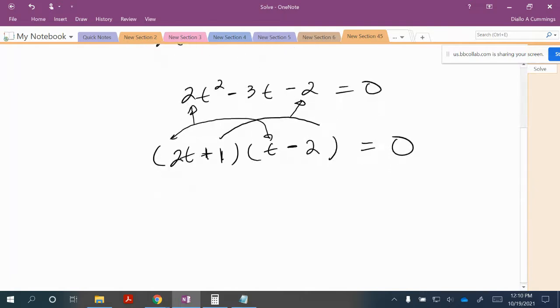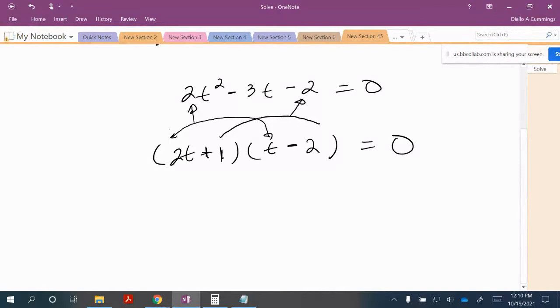Now we're going to check the middle term. So keep in mind, in our FOIL method, we've already exhausted the first and the last terms. The middle term comes about when we take our outermost terms and our innermost terms. So I'm going to multiply my outermost terms: 2t times -2 is -4t. Those are the outermost terms. I'm going to multiply my innermost terms: 1 times t is t.